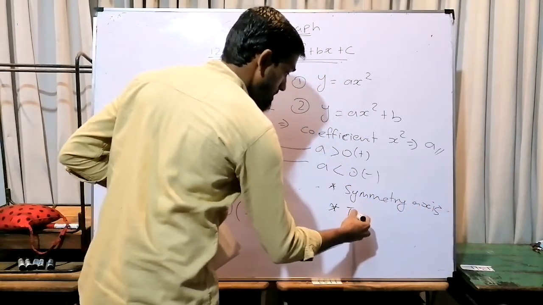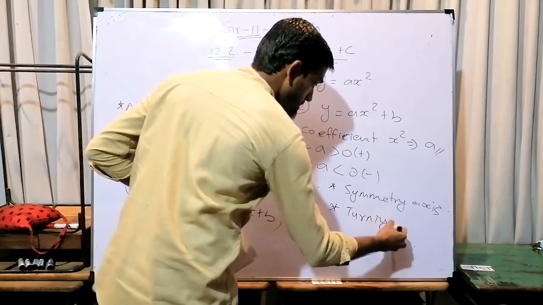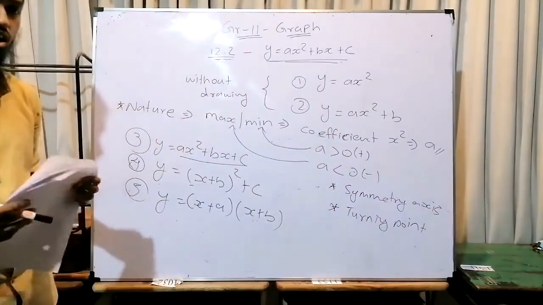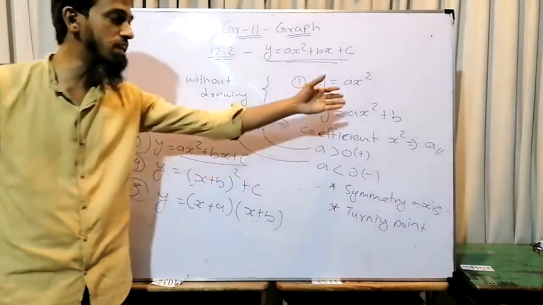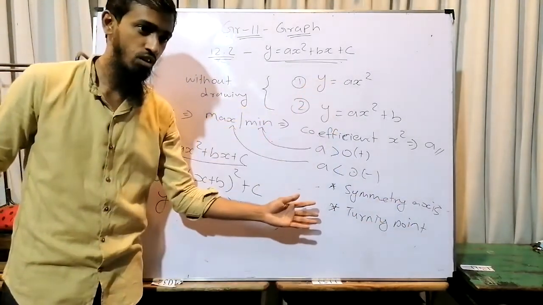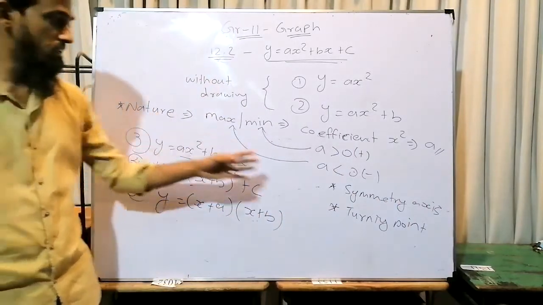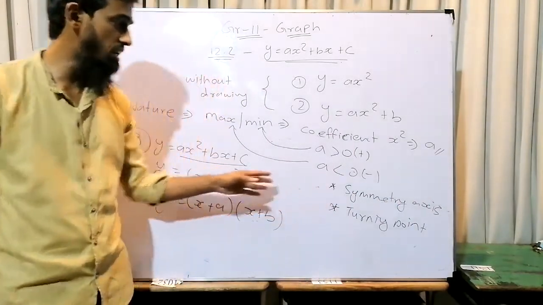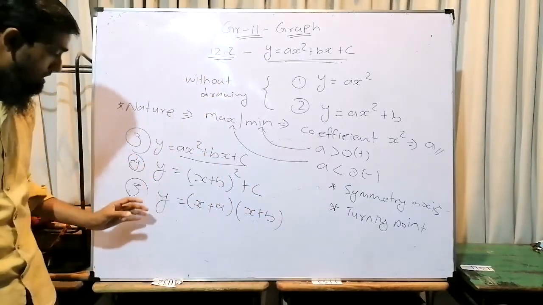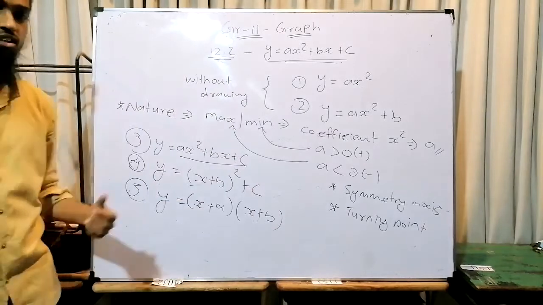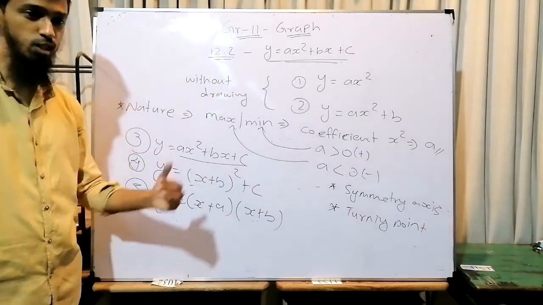Then the turning point. These are the 3 major points we can find using the equation without drawing the graph. So what about these three data for these new 3 equations? That is your grade 11 part, first part.